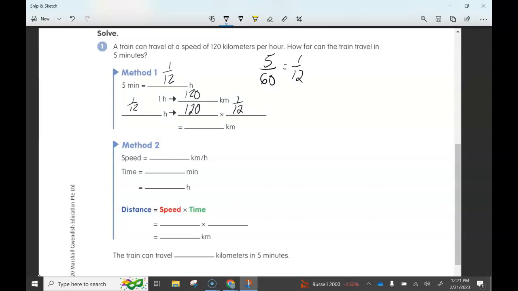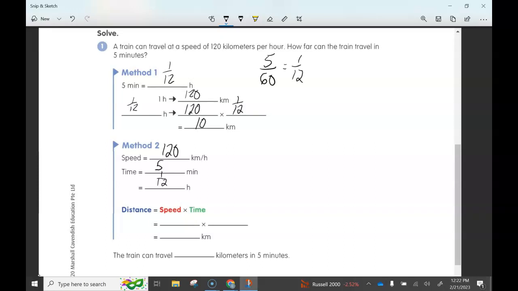So the 120 times 1/12 is going to give us 10 kilometers in 5 minutes. Now, another method that you could use with this is we could take the speed, 120 kilometers per hour, and we have the time, 5 minutes, and that's going to give me 1/12 of an hour.